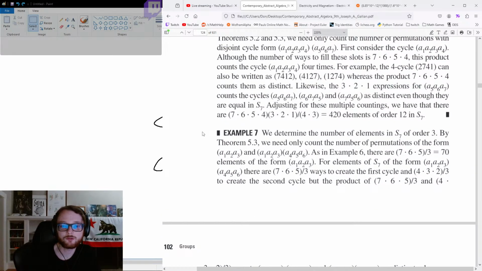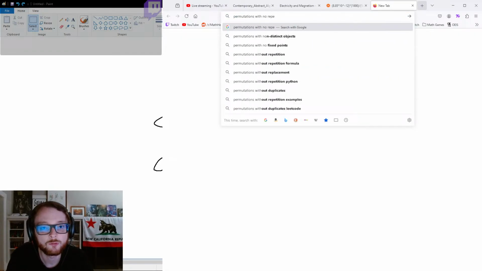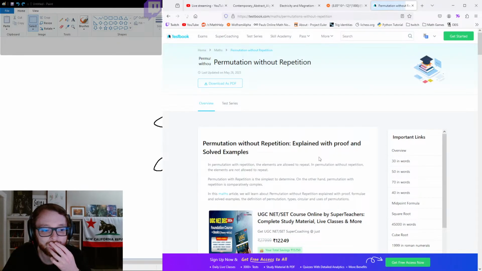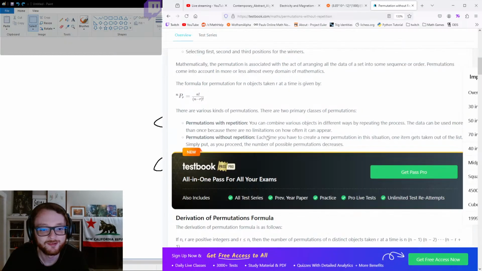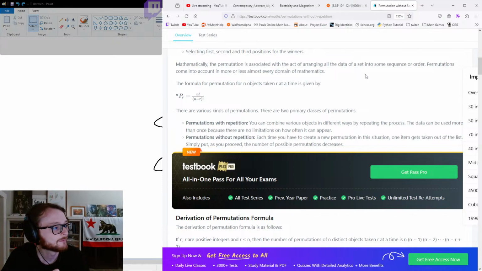Is that n factorial? Oh, no repeats? Like n factorial over n minus r factorial, or whatever that formula was? Permutations with no repeats. Aha! I have been taught this in a different context. Okay.